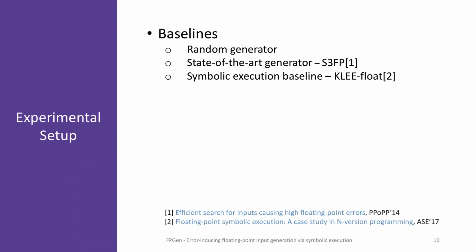We compare FPGen to 3 baselines. First, the random generator. Second, the state-of-the-art error-inducing input generator S3FP, which is randomness based. Third, the symbolic execution baseline ClearFloat, a symbolic execution engine for floating point programs. We also used ClearFloat as the symbolic execution engine in FPGen.